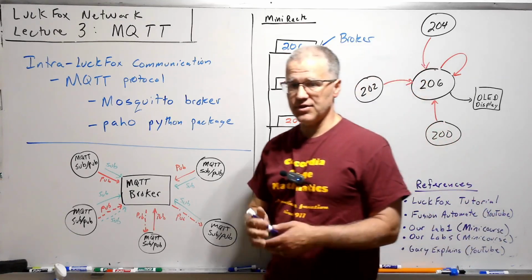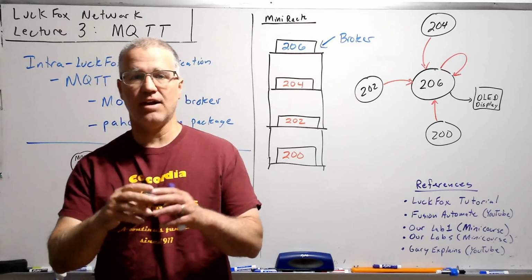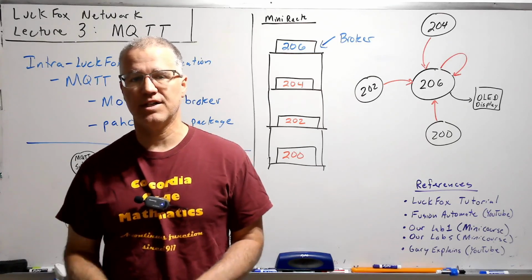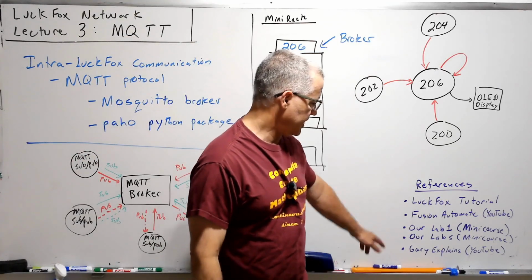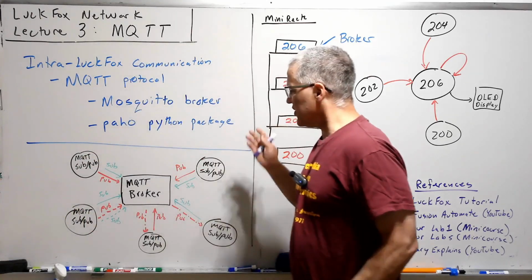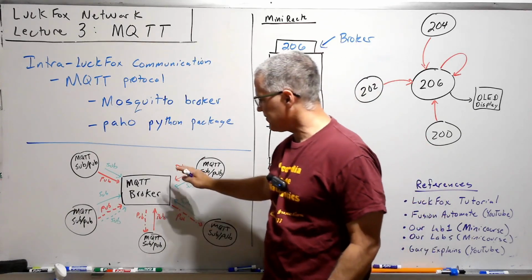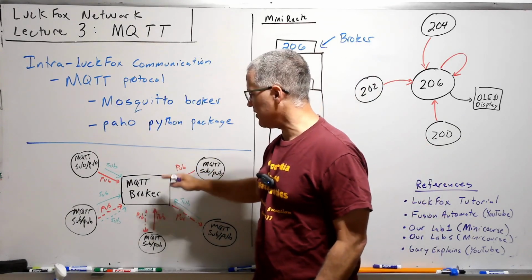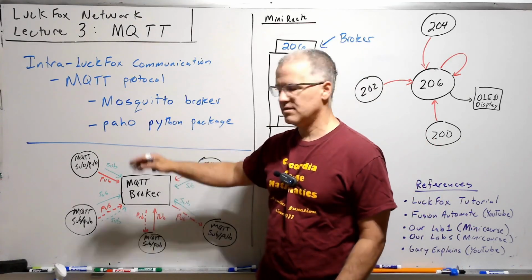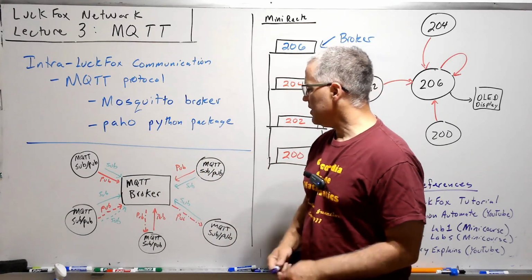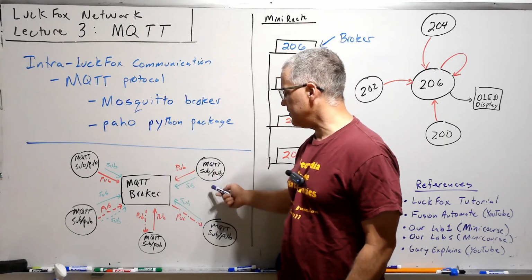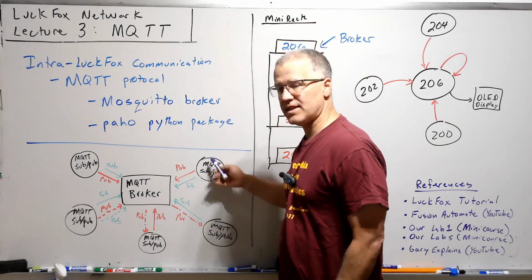I'm certainly not an expert on the ins and outs of MQTT. There are a number of good videos out there. I'll link to one in the discussion through the Gary Explains YouTube channel. It's a pretty good discussion of what MQTT is, but basically it's a hub and spoke type model where the peripheral devices communicate to a broker, not directly to each other.